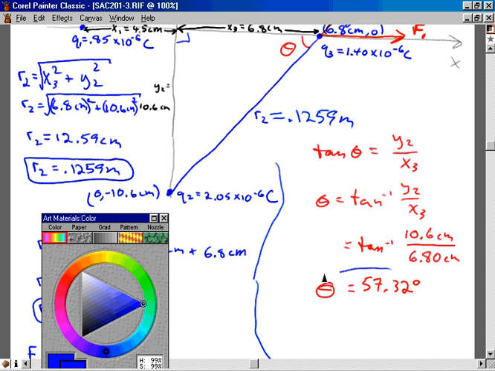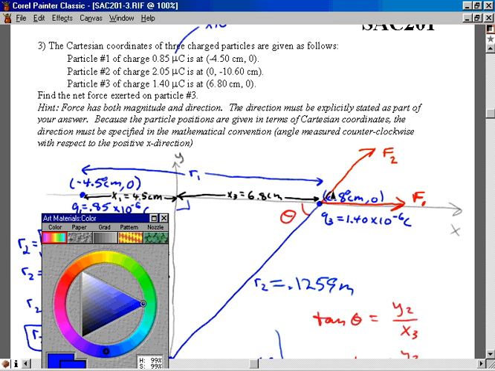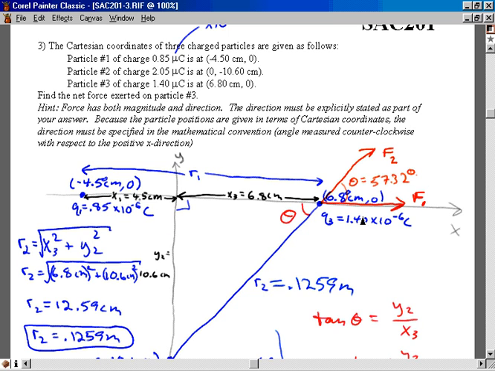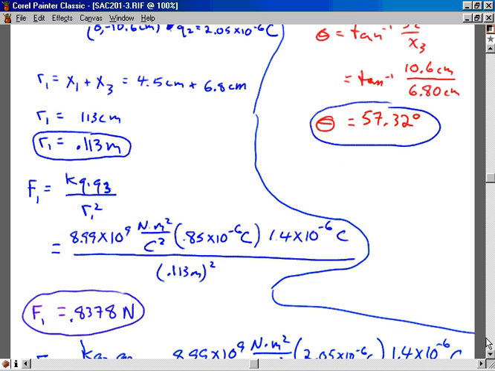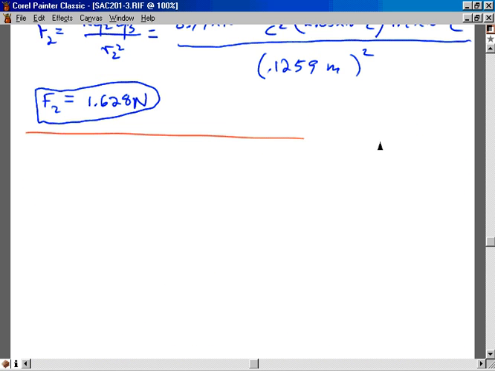Alright, that's our angle that force F2 makes with the horizontal. That'll be this angle right here as well. Alright, let's start breaking these forces up into components.